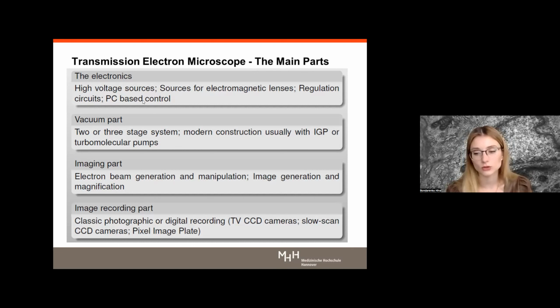Some laboratories still use films for recording electron microscopy images.